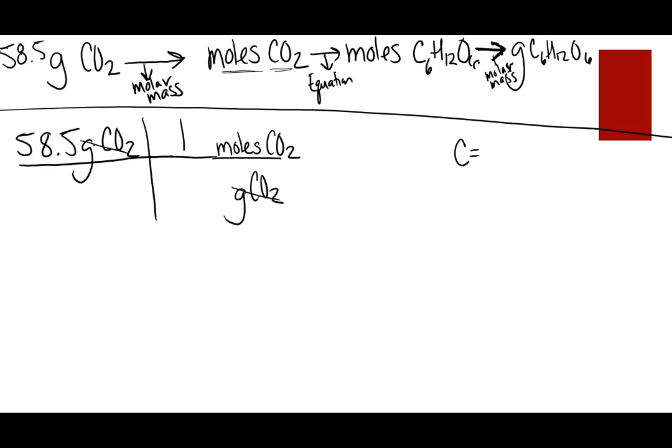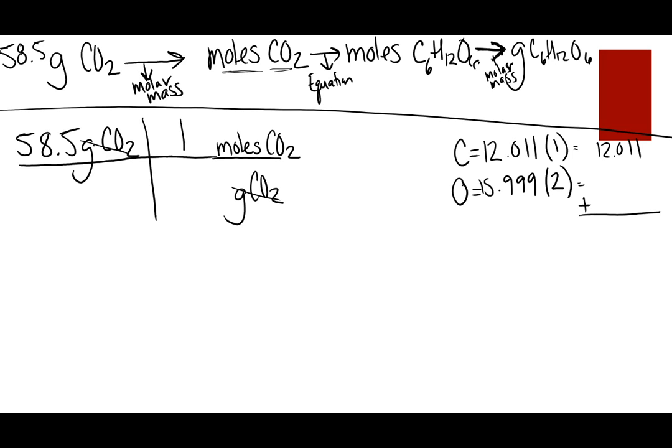So I go to the periodic table, I look up carbon, and I see it has a molar mass of 12.011. And in carbon dioxide, there's only one of them. And oxygen, I look at the periodic table, I see it has a molar mass of 15.999. And in carbon dioxide, there's 2 of them, so I'm going to multiply it by 2. And then I'm going to add those numbers together. So 12.011.